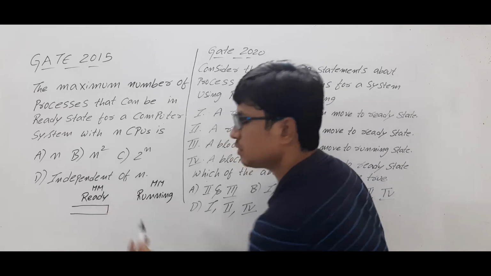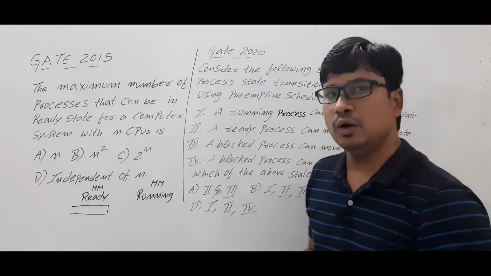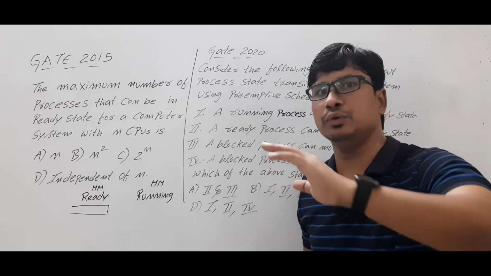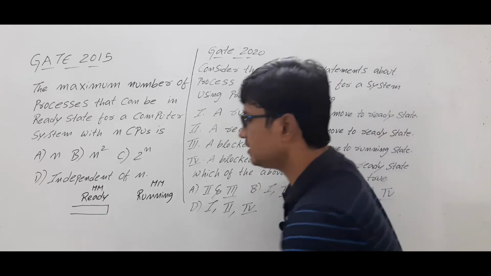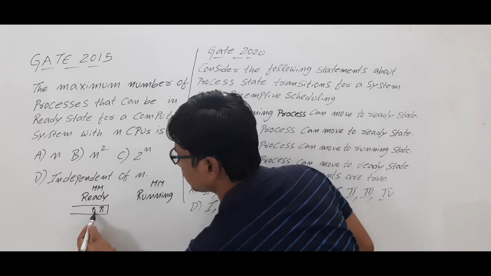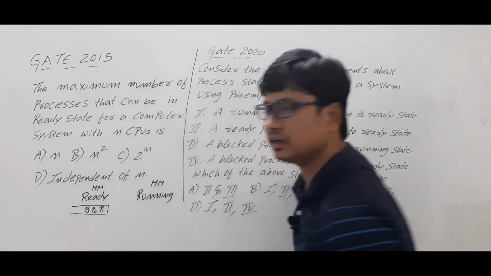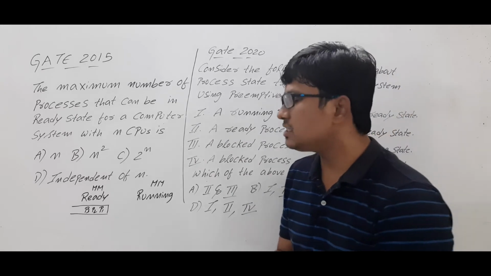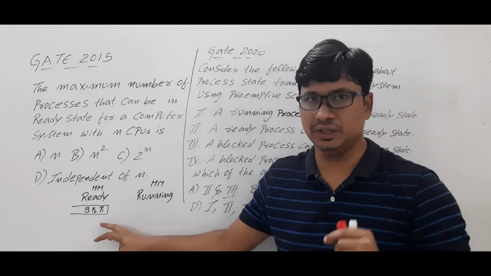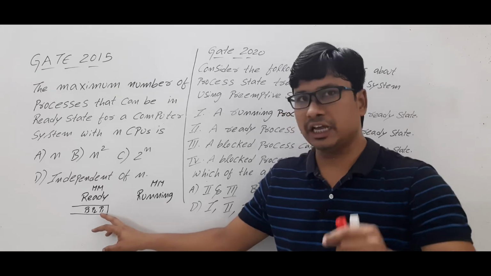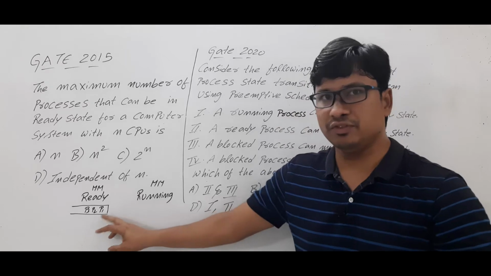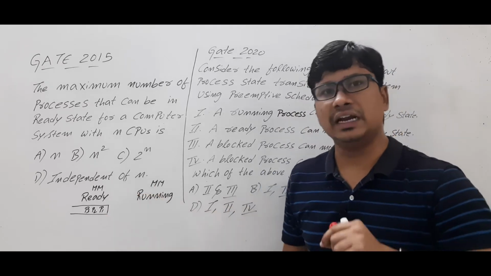So in a ready state, you will have the ready queue. What are the processes which have been created and want to run? They will be there in the ready queue. Suppose let's take the process P1, process P2, process P3 are there in the ready queue. Based on the criteria, if it is first come first serve scheduling algorithm, the arrival time will be considered to keep any one of this process into the running state.